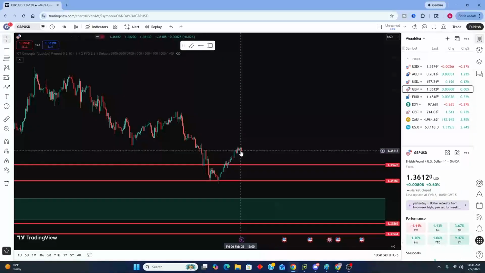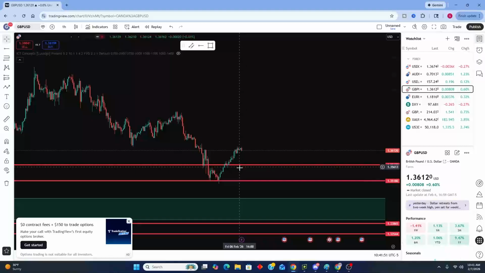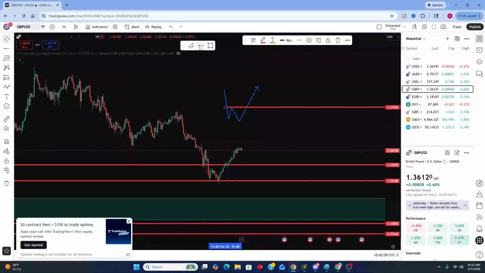But what do we really want? Pull down into here, decide we don't want to go up because look at the structure. What do we want on structures like these? Areas of interest.